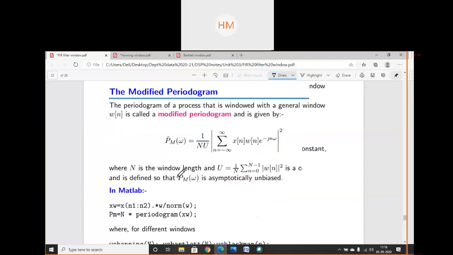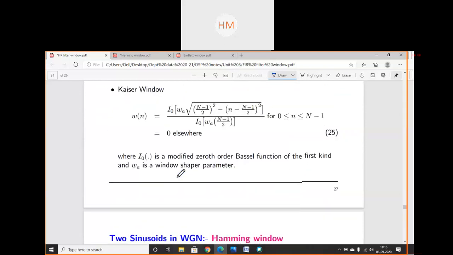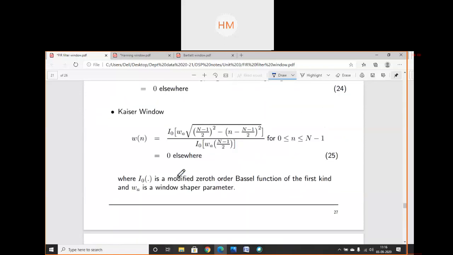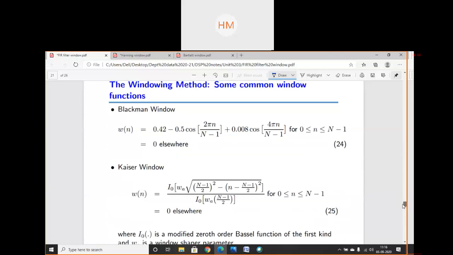So this we will discuss later on. And we'll stop this class. In next class, we will start with the numerical, and then later on we will discuss Kaiser window function. Then our FIR will be completed. So any doubts, students?